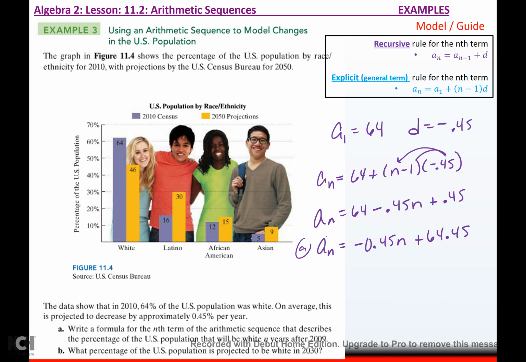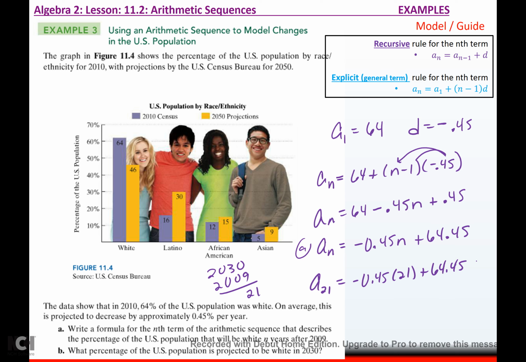B says, what percentage of the population is projected to be white in 2030? Well, 2030 is how many years after 2009? Subtract 2030 minus 2009. 21 years. So they want me to find a sub 21, which would be negative 0.45 times 21 plus 64.45.